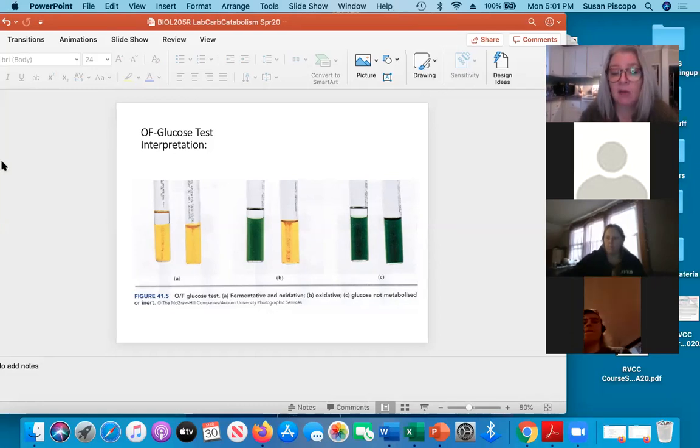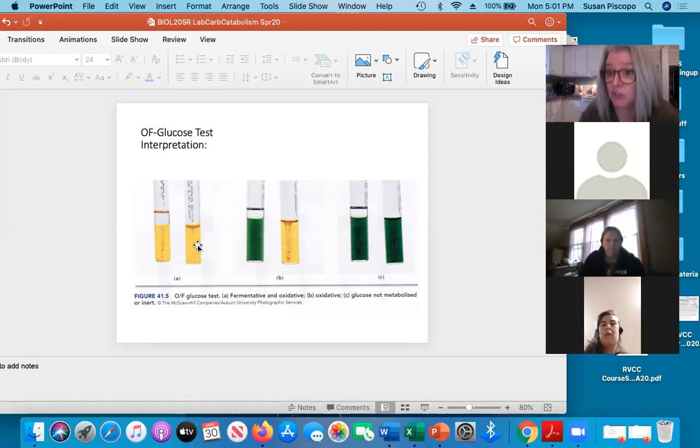So again, when you see that yellow color in the media, that tells you that the pH must have dropped down. You must have an acidic product made. And it's the acidity that's turning that dye yellow, just like we saw in our fermentation tests last week. So in this pair of tubes, in part A, we see that yellow color in both.